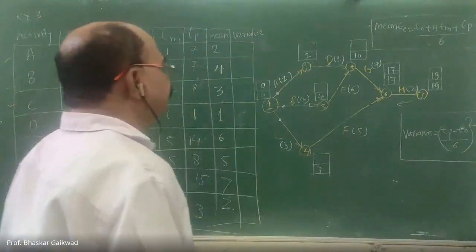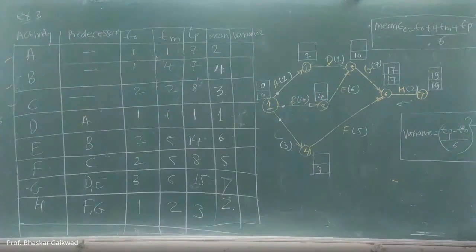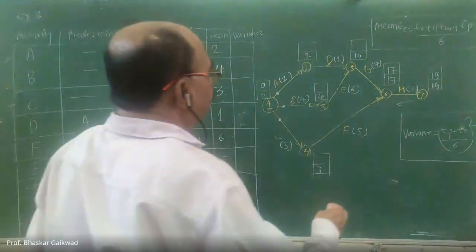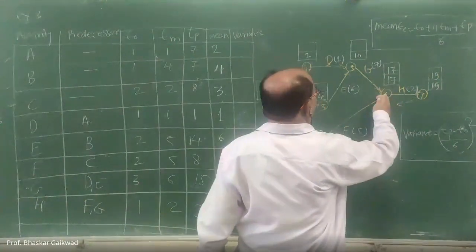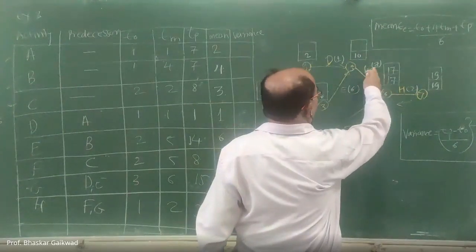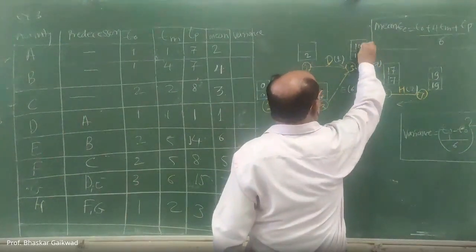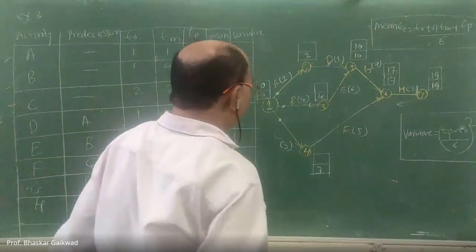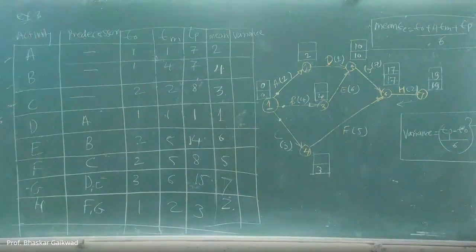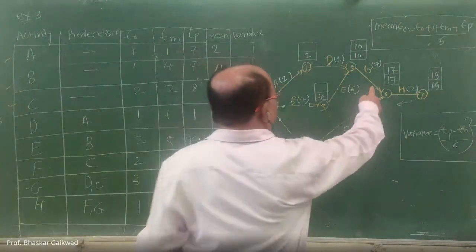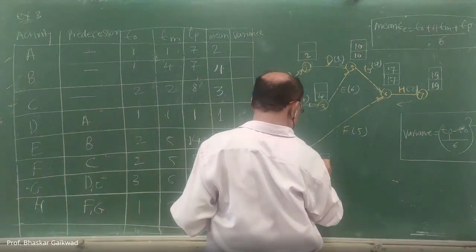Then come to fifth number. Now this is over, now come to fifth. So 17 minus 7, here it is a 10. Then come to fourth. So 17 minus 5, here it is a 12.